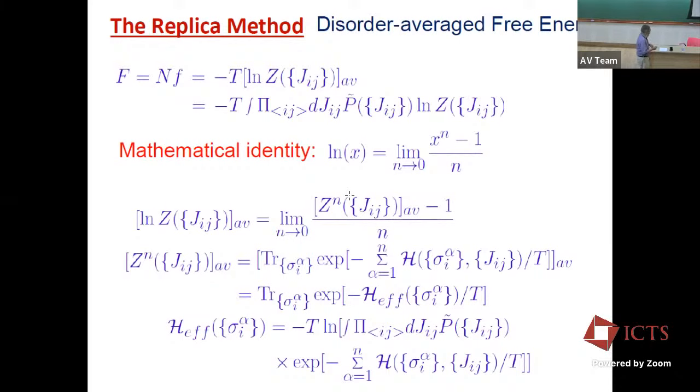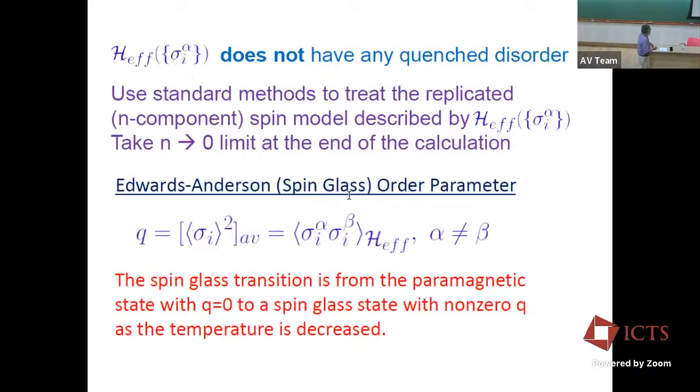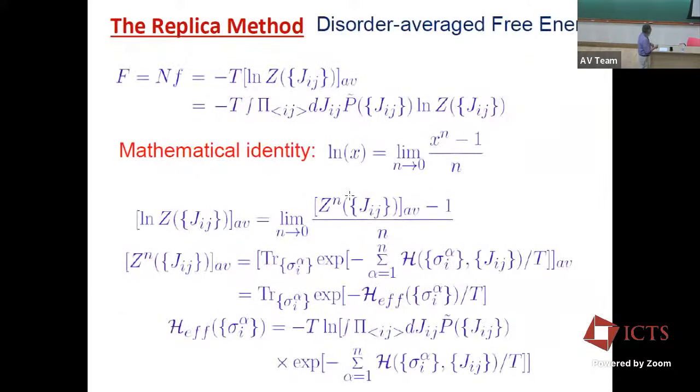With respect to H effective, that is equivalent to doing it also here. Instead of going to the effective Hamiltonian, I will do the averaging here. And then here you have a sum over replicas. So if I have, let's say, sigma I alpha, then the alpha replica will go with the corresponding term in the Hamiltonian. If I have sigma I beta, then the beta term will go with the corresponding term in the Hamiltonian.